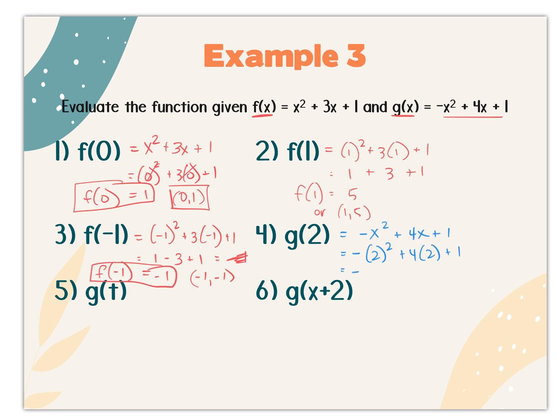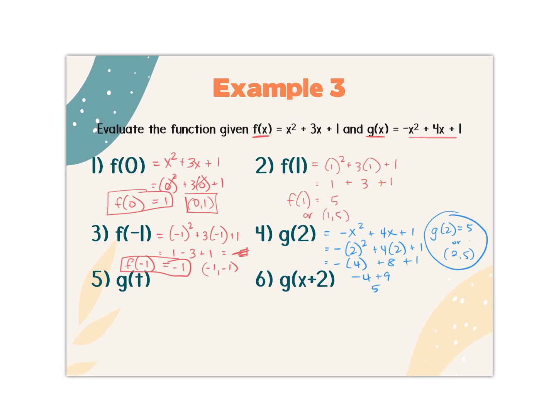So I get the opposite of 2 squared, which is 4, plus 8 plus 1, so minus 4 plus 9, and it equals 5. So I know that my g of 2 equals 5, or 2 comma 5 as an ordered pair.